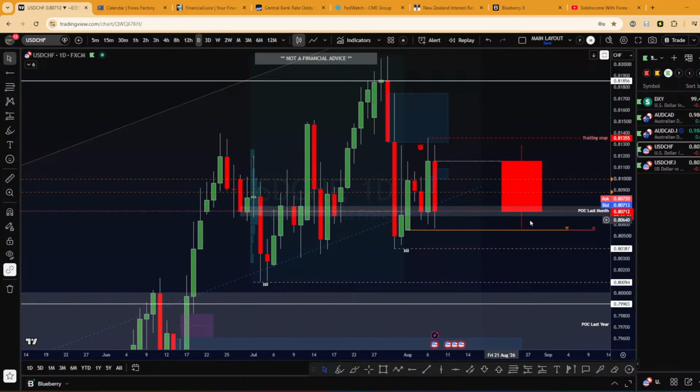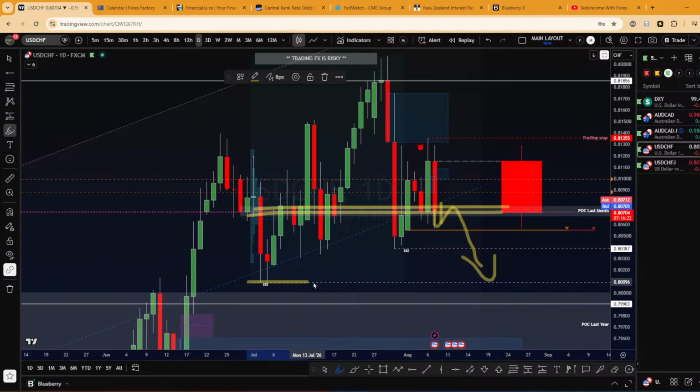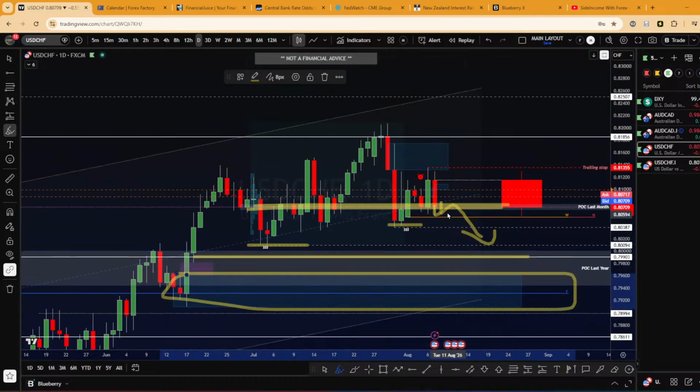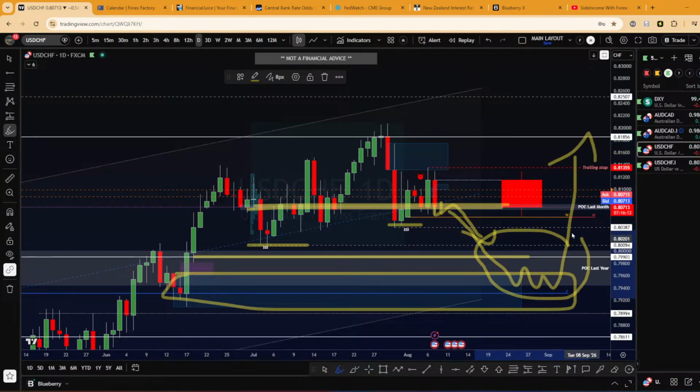Currently, price is holding around the point of control from last month, this gray zone again, which is holding price. If we close below this, I think next week we could continue to target this low and eventually this level marked up in the higher time frame. This is where we could potentially realign with the higher time frame trend.